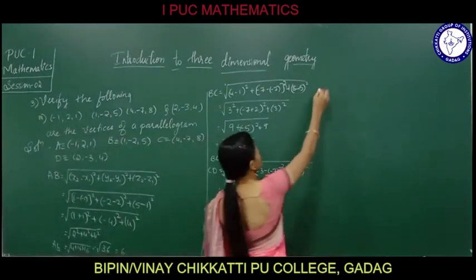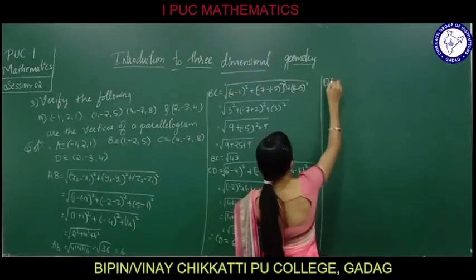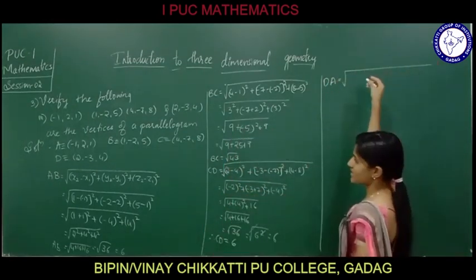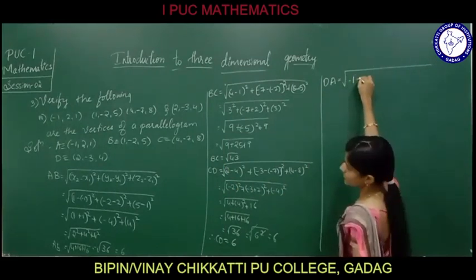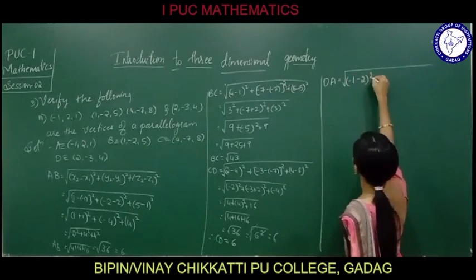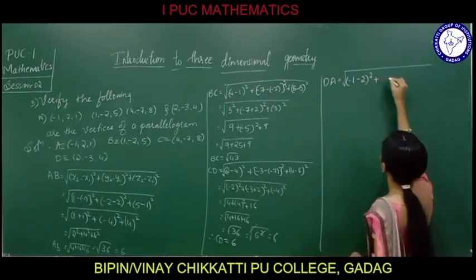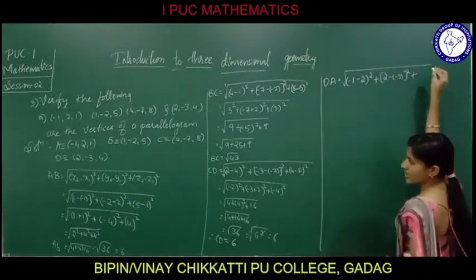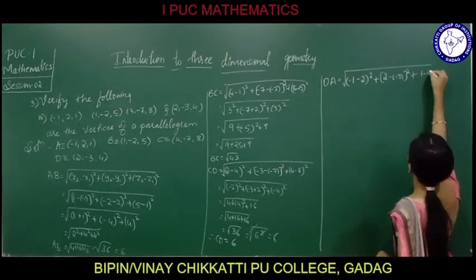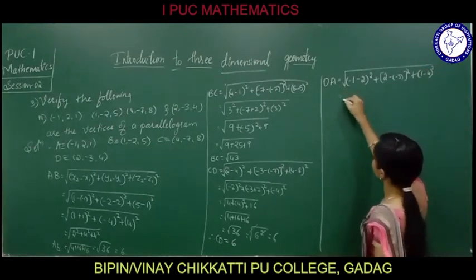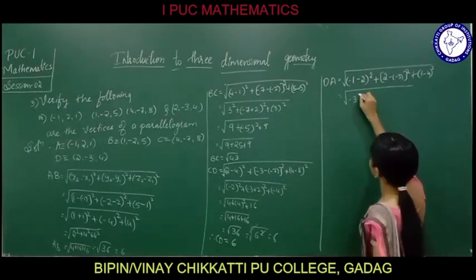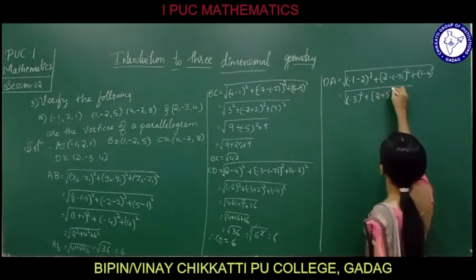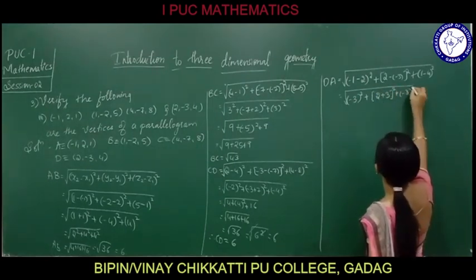Next, what I am going to do? Find out the distance DA, or you can find AD, whatever it is. Root of minus 1 minus 2 square plus I have 2 minus of minus 3 square plus 1 minus 4 square, which I am going to get as root of minus 3 square plus 2, minus into minus is plus, 2 plus 3 square plus minus 3 square.